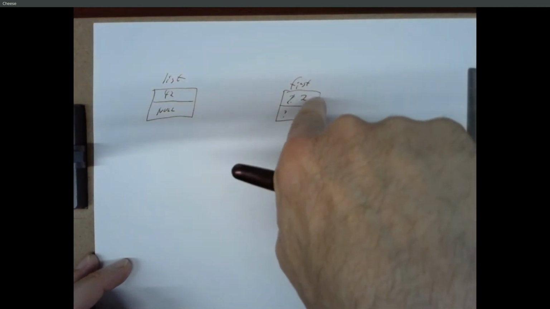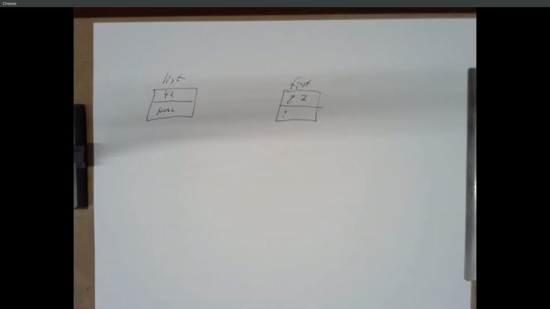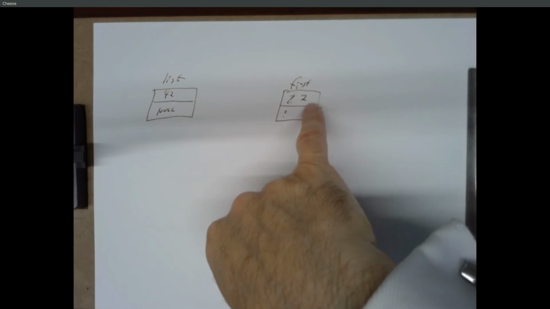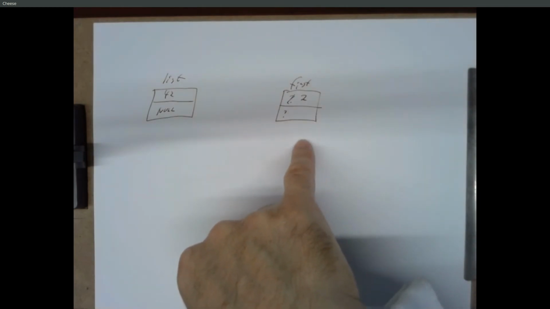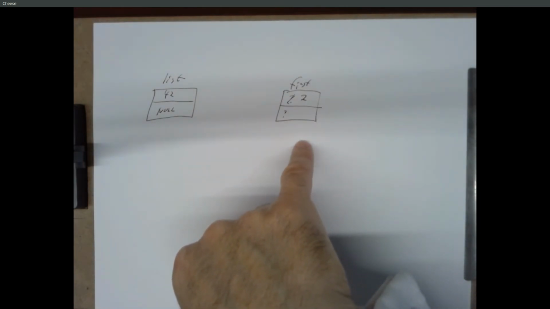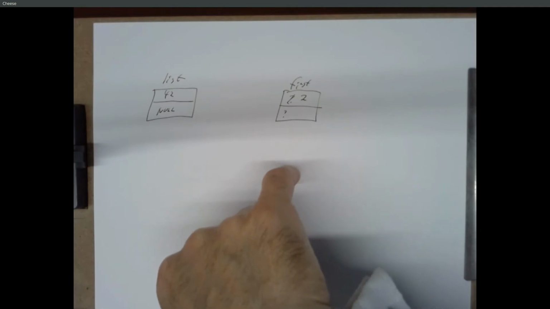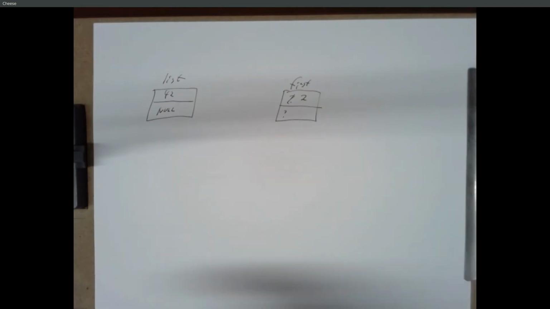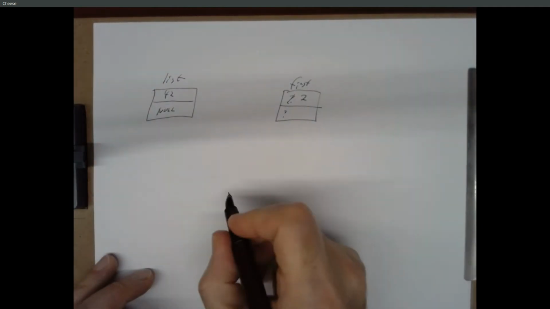All right, how do we put a 2 into this block of that node called first? Well, let's just put a 2 in here first. First dot data equals 2, after having initialized first.